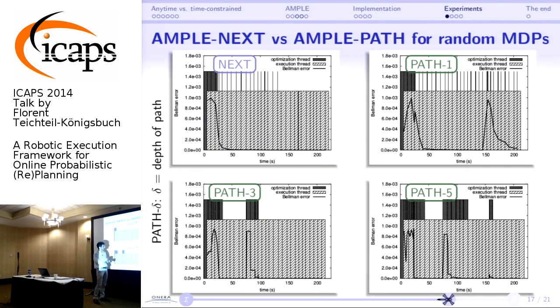Because as the length of the path augments, the optimization time that is balanced among the successors decreases for each state. So the chance that the next state has no available action augments. And you see here, with a depth of 3, we have to replan earlier, and the required effort to plan is higher than here. And with path 5, so with a depth of 5, it's even more.